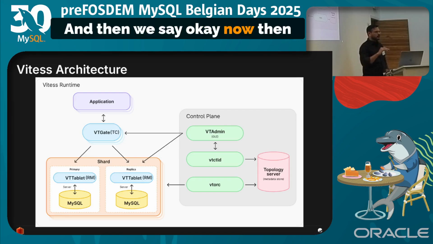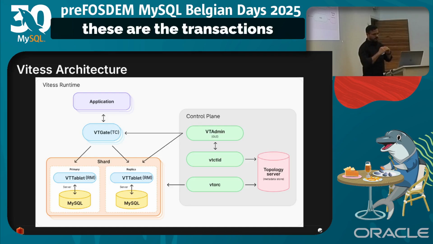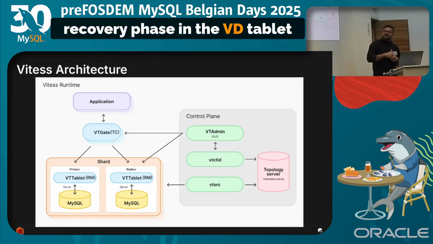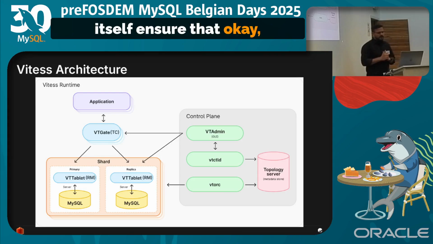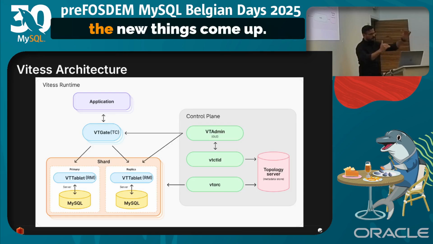Then the VTTablet will say, these are the transactions that I have replayed, and now I can start receiving any new transactions. The recovery phase in the VTTablet itself ensures that everything which was there is first applied, and then only the new things come up.